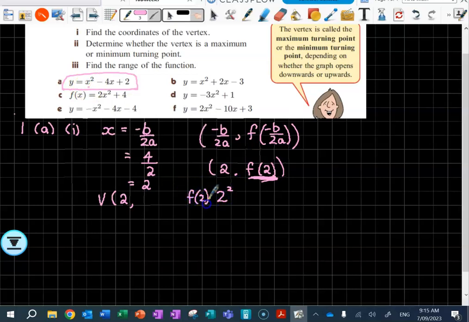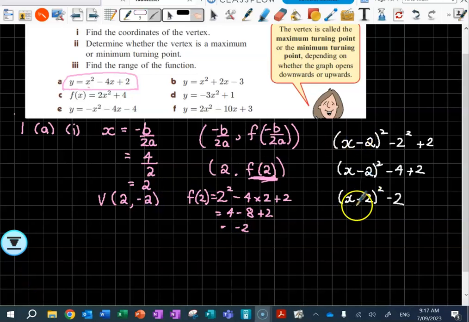f of 2. Now, do you have to write this? No. You can, in your head, go 2 squared minus 4 times 2 plus 2, or you can pop it straight into your calculator. 4 take 4 is minus 4, plus 2 is minus 2. And we're done. If I wanted to complete the square, you can see I get the same answer, right?